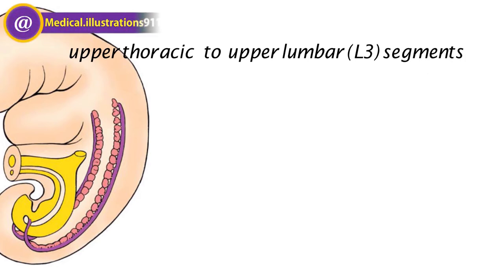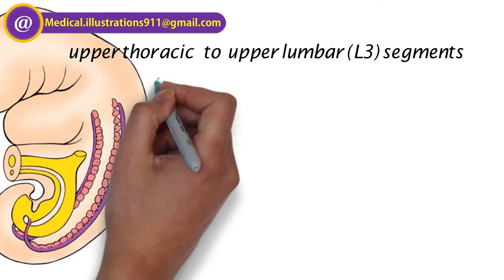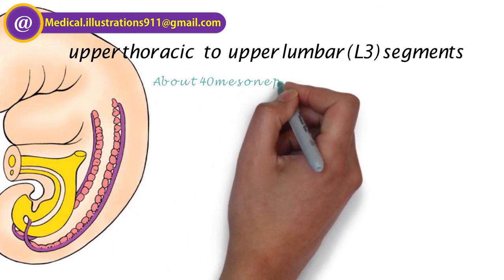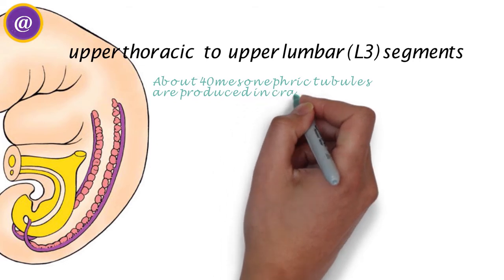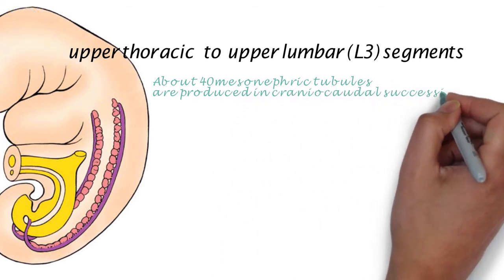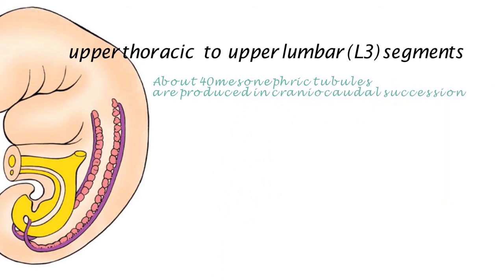About 40 mesonephric tubules develop in this region in craniocaudal succession.